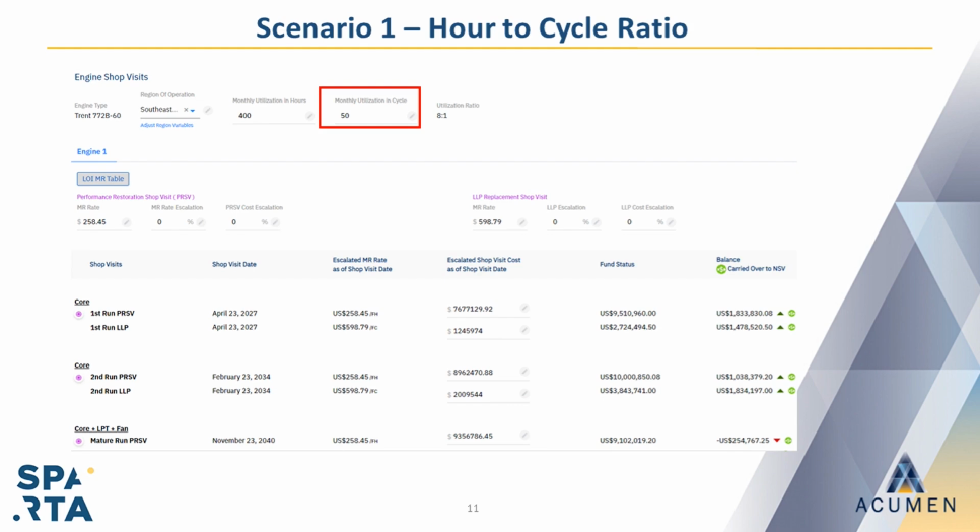We can also introduce escalation for both the MR rates and the LLP rates, as well as escalation for the estimated shop visit costs and estimated LLP price increases.